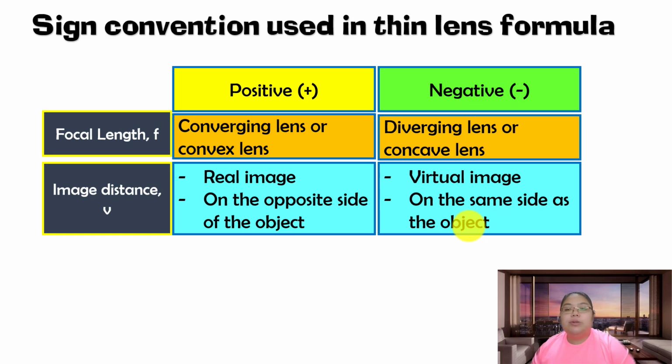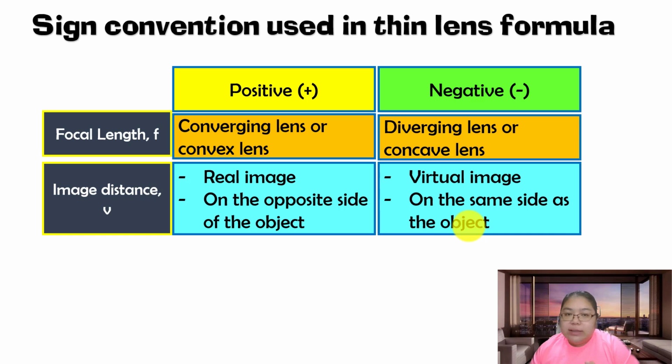Make sure you understand positive and negative. I repeat again. Convex, focal length always positive. Concave, focal length always negative. Image distance: for a real image, you get a positive answer, where the location of the image is on the opposite side from the object.